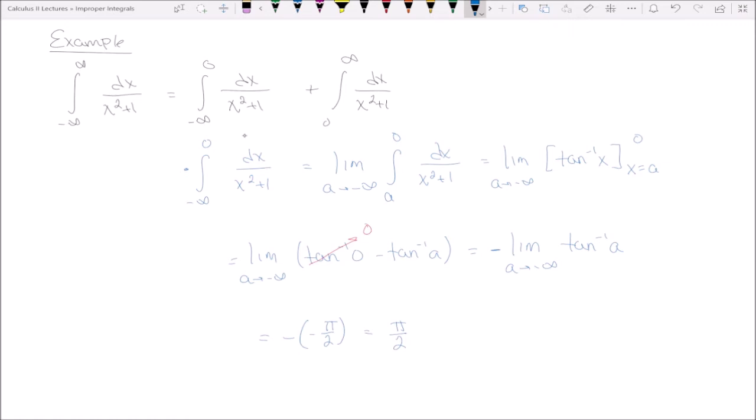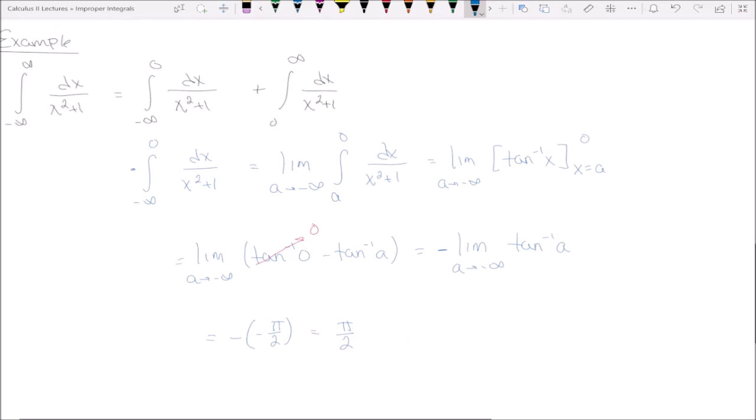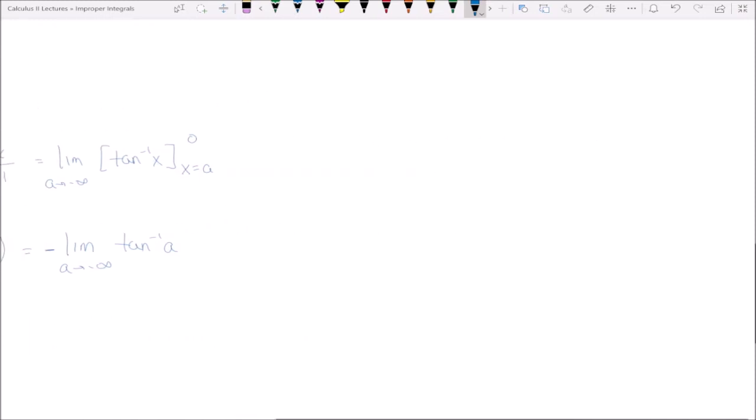To see why it's negative pi over 2, consider the graph of tangent from, let's say, negative pi over 2 to pi over 2, right? Well, that graph is going to look something like this.